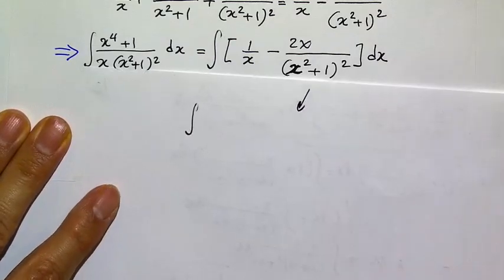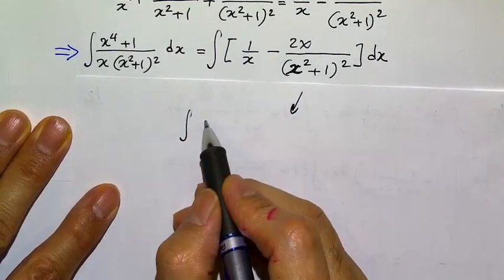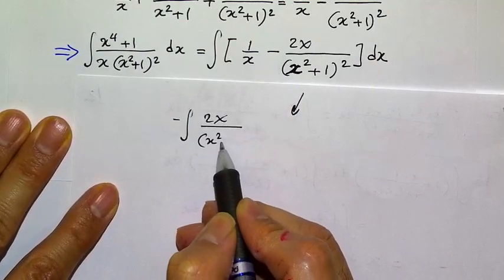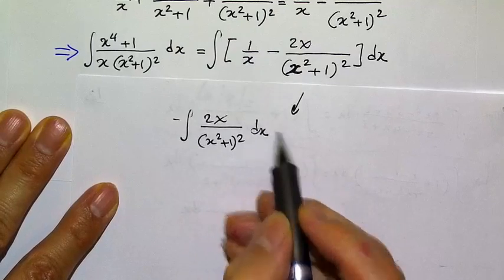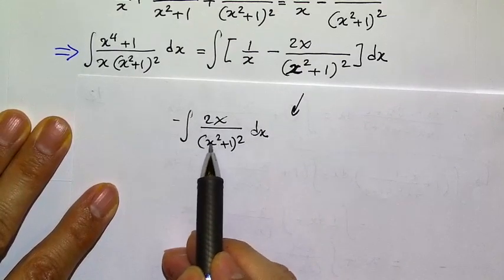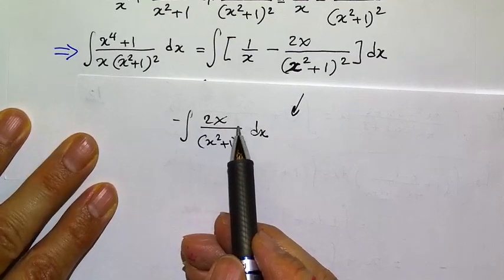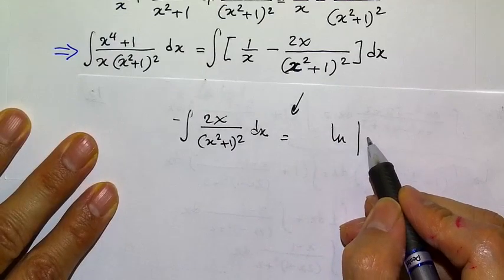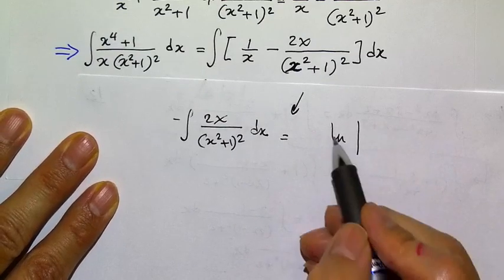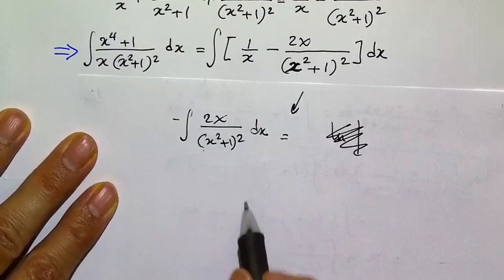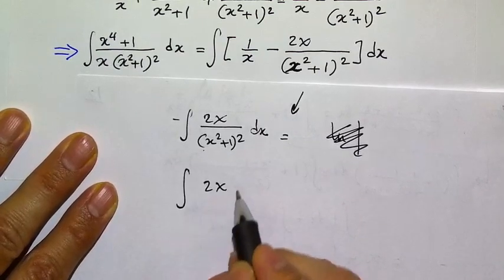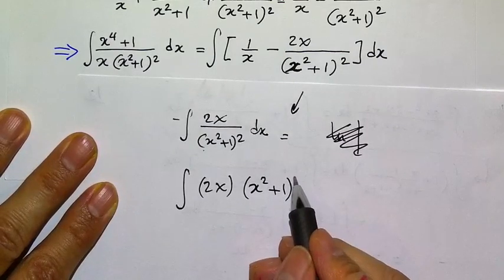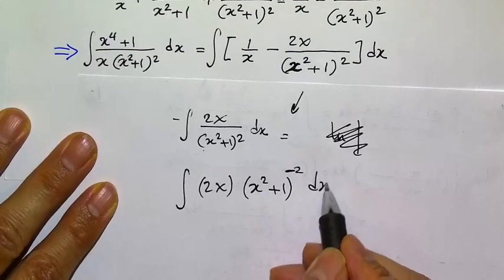So we have this minus 2x over x squared plus 1 squared dx, right? Because the derivative of this x squared plus 1 is 2x. It'll work nicely if I say the integral of 2x times x squared plus 1 to the minus 2 power dx, right?